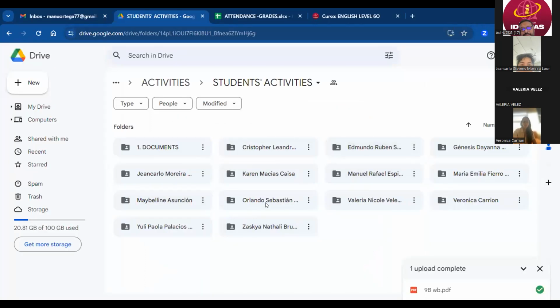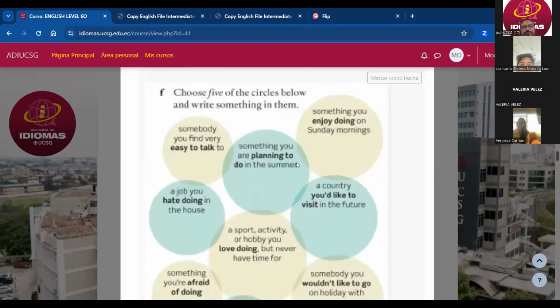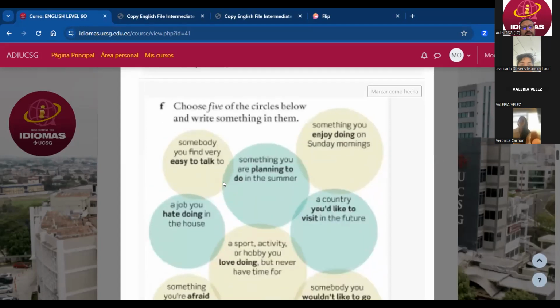On the Drive, you're going to create a document, a Google Doc, and in there we are going to select 5 of these topics, and you're going to write a little bit about each.